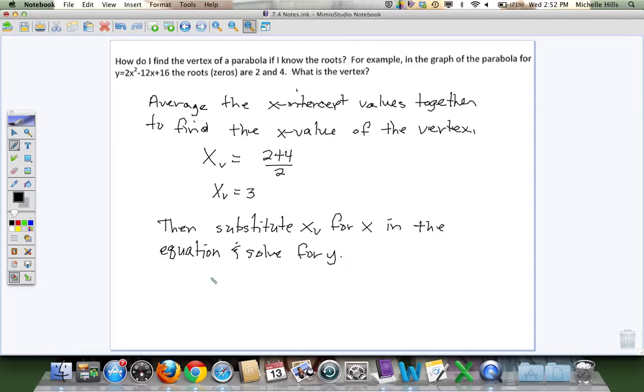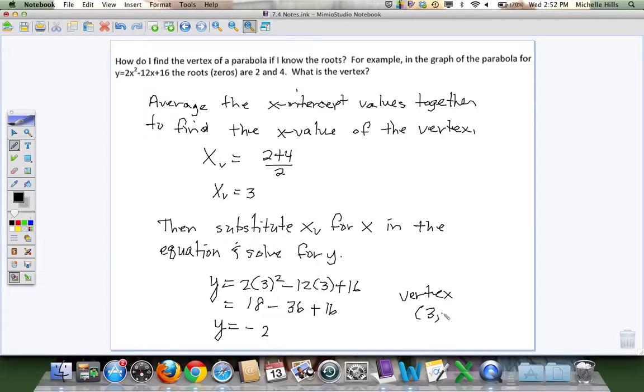So, y equals 2 times 3 squared minus 12 times 3 plus 16. Now, 3 squared is 9 times 2 is 18 minus 12 times 3 is 36 plus 16. So y equals 18 minus 36 is negative 18 plus 16 is negative 2. So my vertex is the point 3, negative 2.